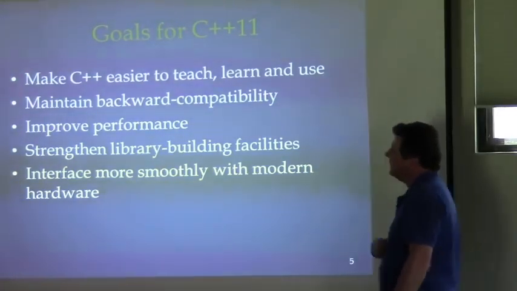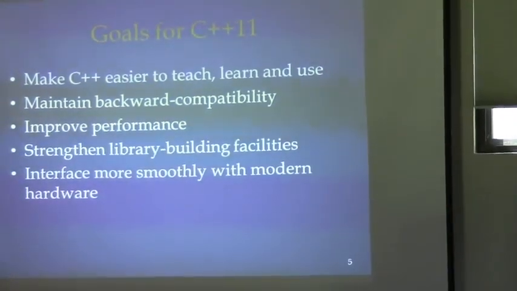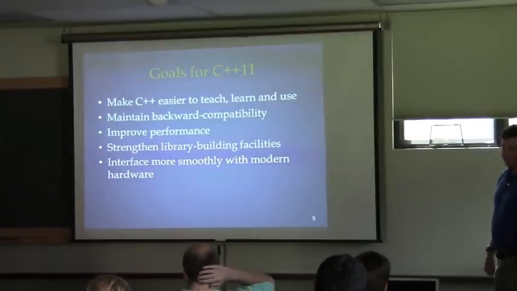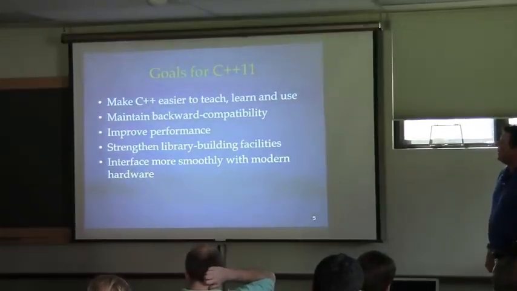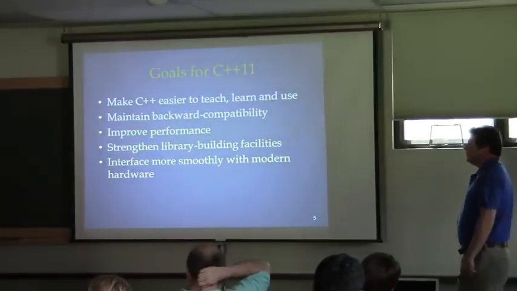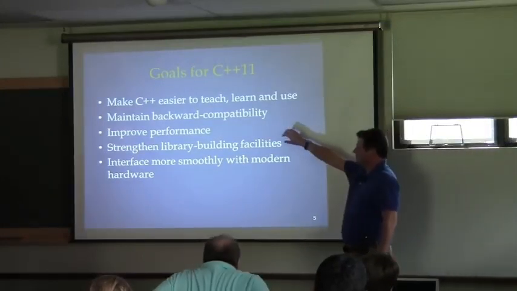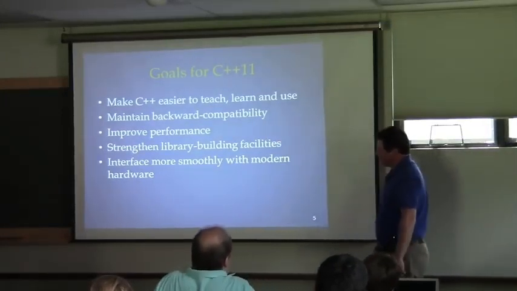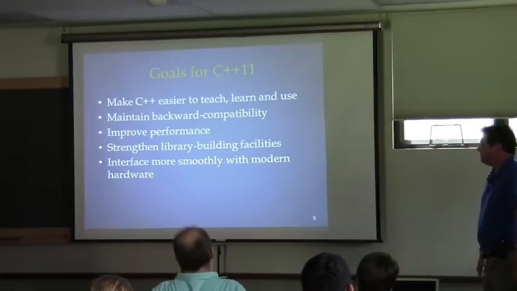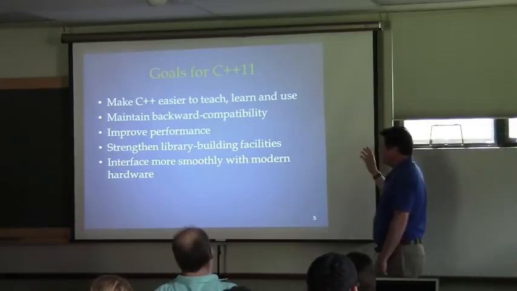Improve performance. Of course, that's always the holy grail, keeping performance as good as you could keep it. Probably the single feature that has the most to contribute to this is rvalue references and move semantics. So we'll see how that works. Strengthen library building facilities.